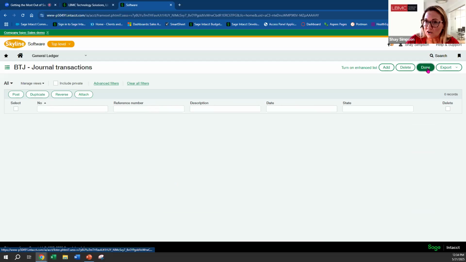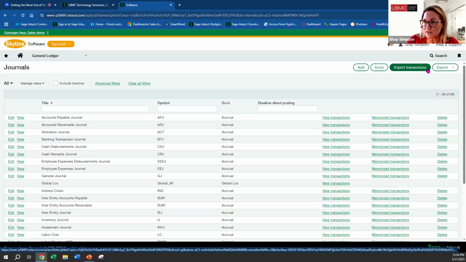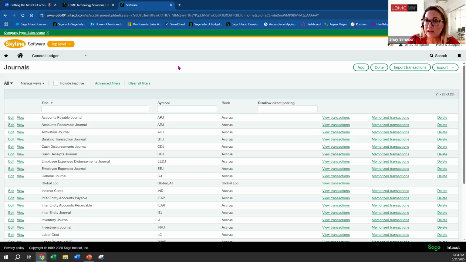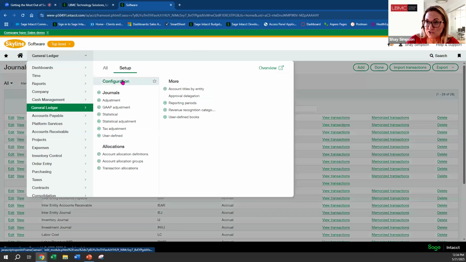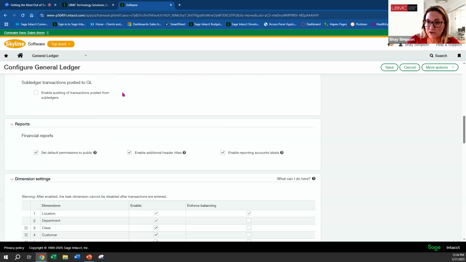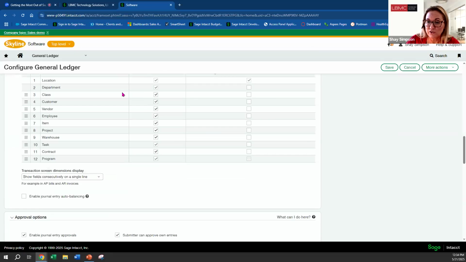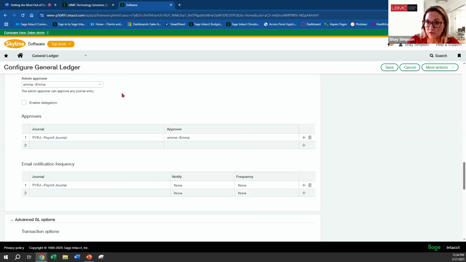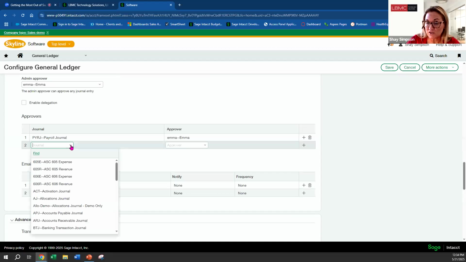This also goes back to what I was saying earlier on journal entry approvals. Within the GL configuration, if we are turning on journal entry approvals, it does not have to be a one size fits all.